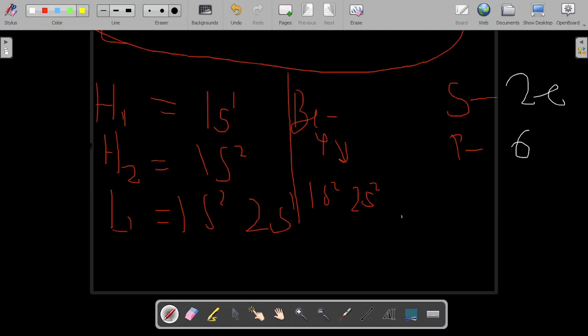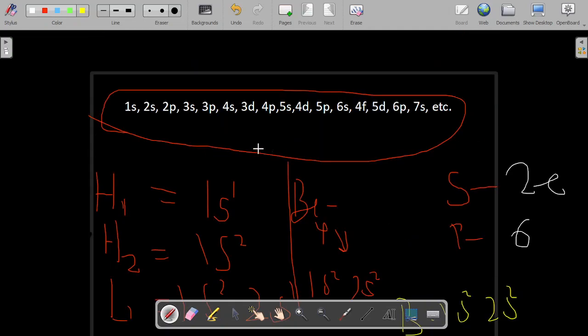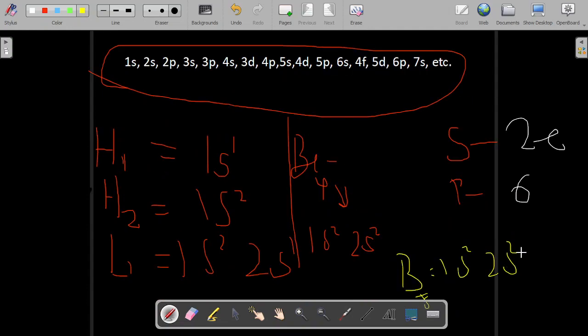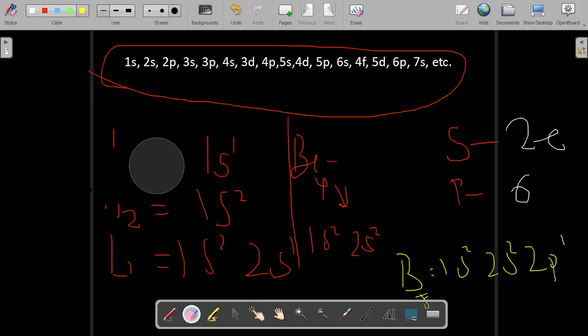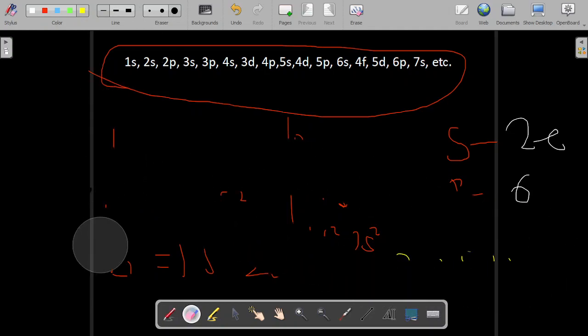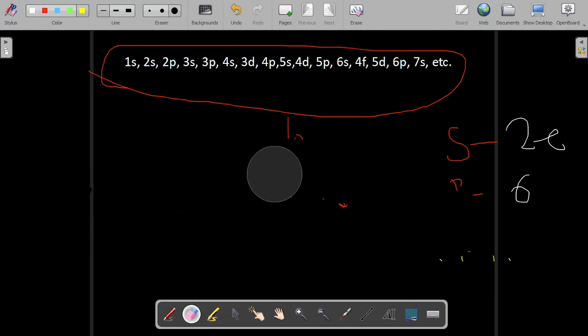For boron, which is 5, we have 1s2, then 2s2, and one electron remains, so we have 2p1. That is it. Now let's move to the advanced task.